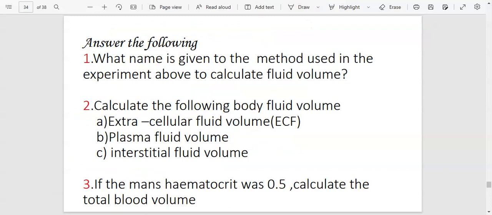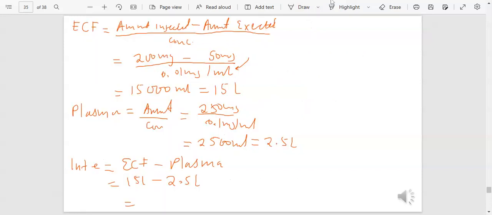Okay, that is interstitial, that's true. So for the interstitial, we subtract 15 minus 2.5, and that gives us 12.5 liters. So this is it for this question, that's question B.